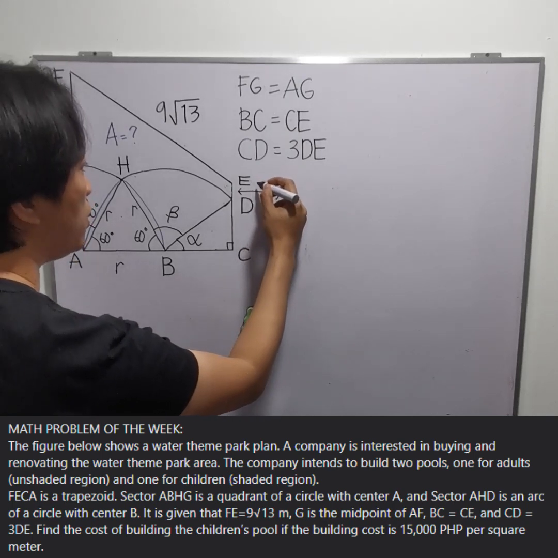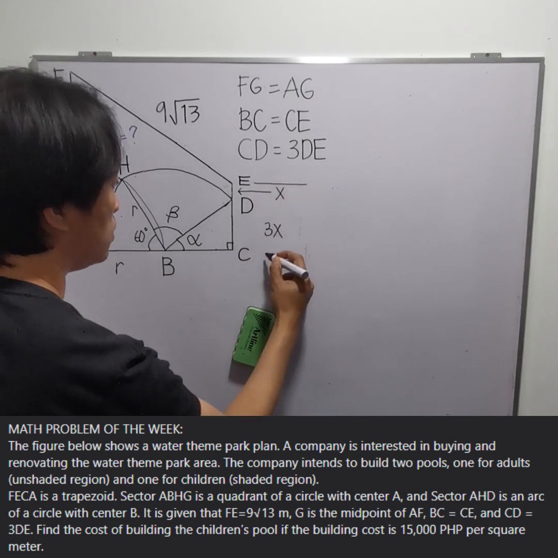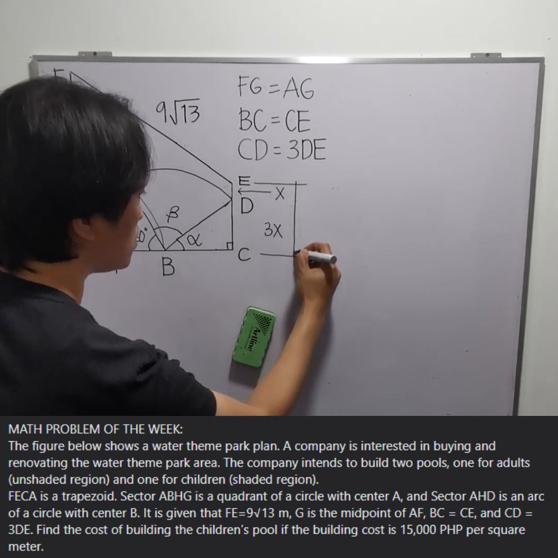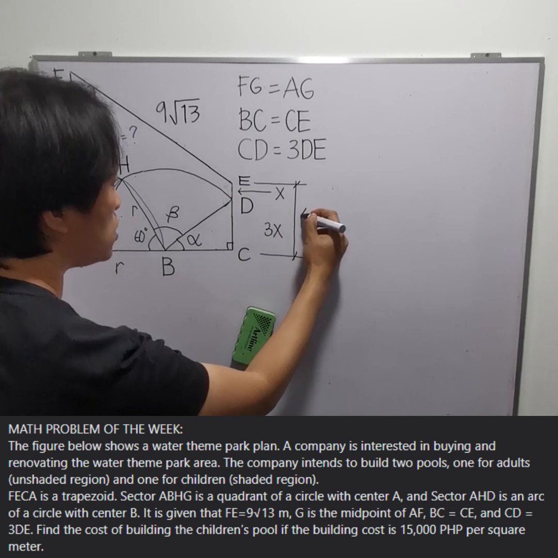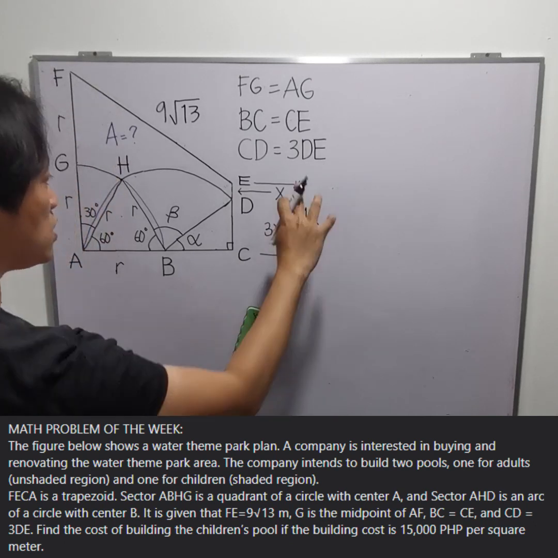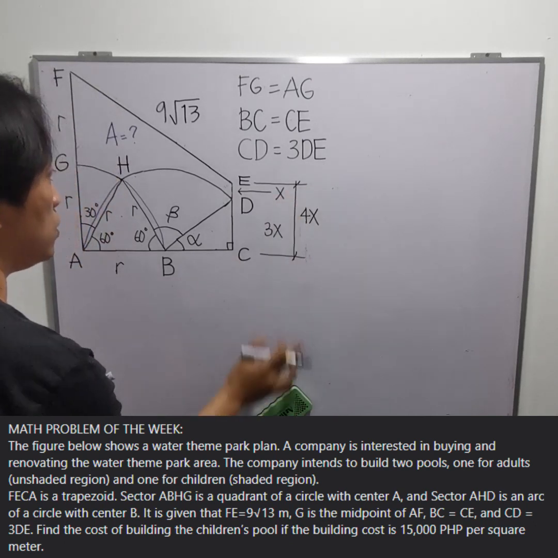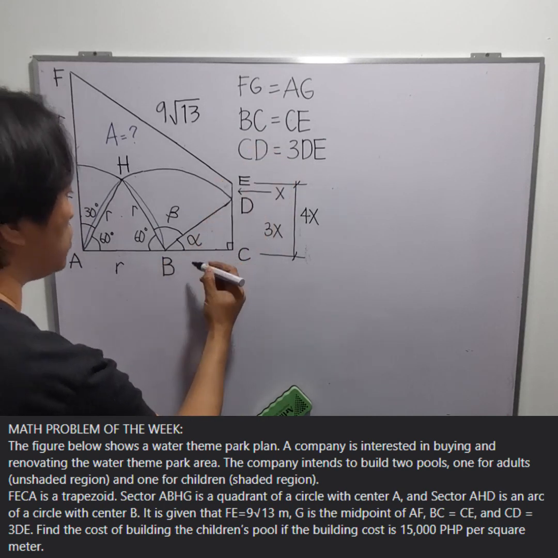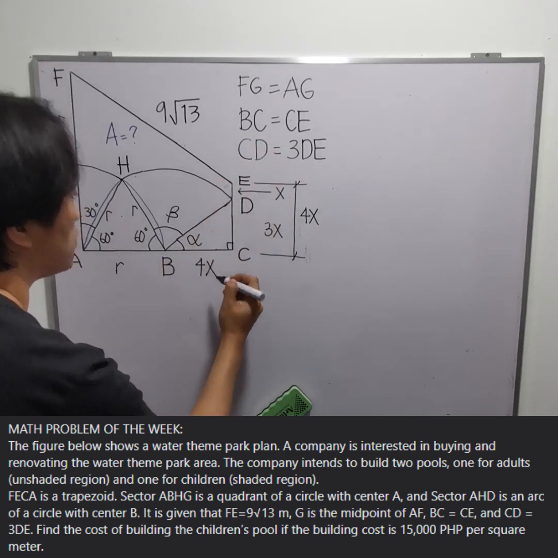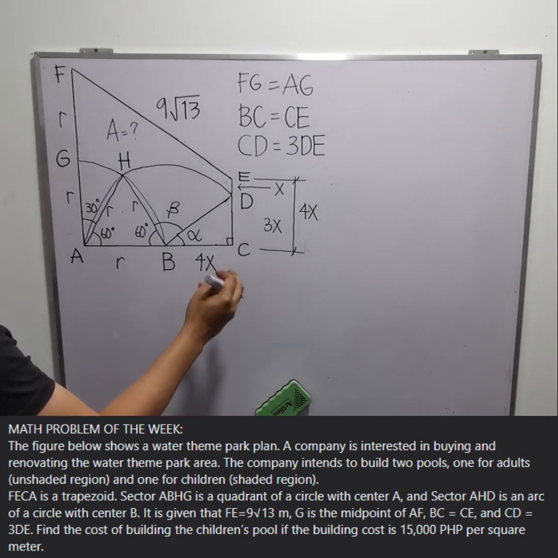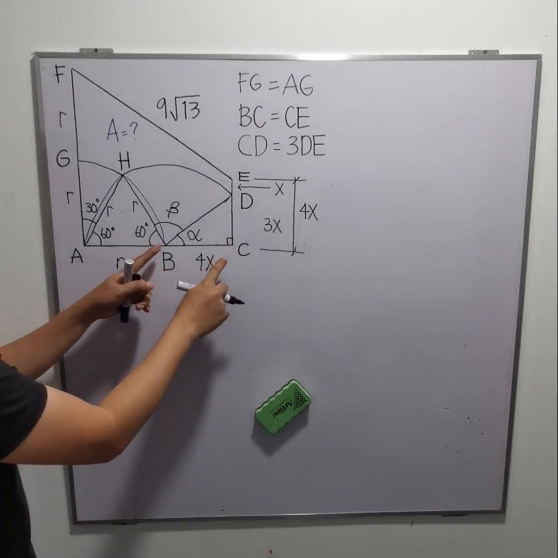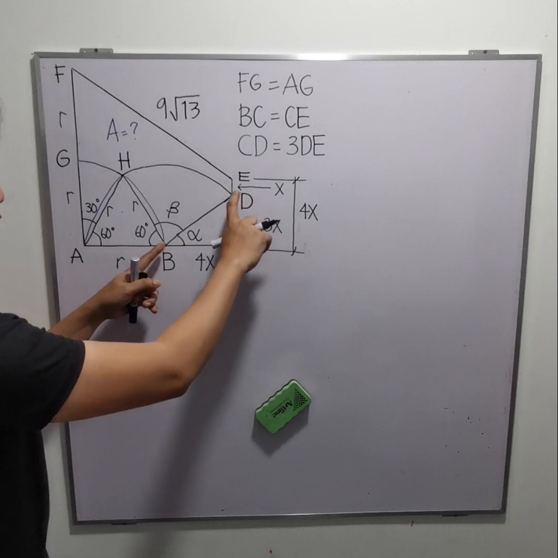So this entire length here is 3x plus x, which is 4x. We have CE equal to BC, so this is also 4x. To solve the value of x, the only known distances are 4x and 3x.